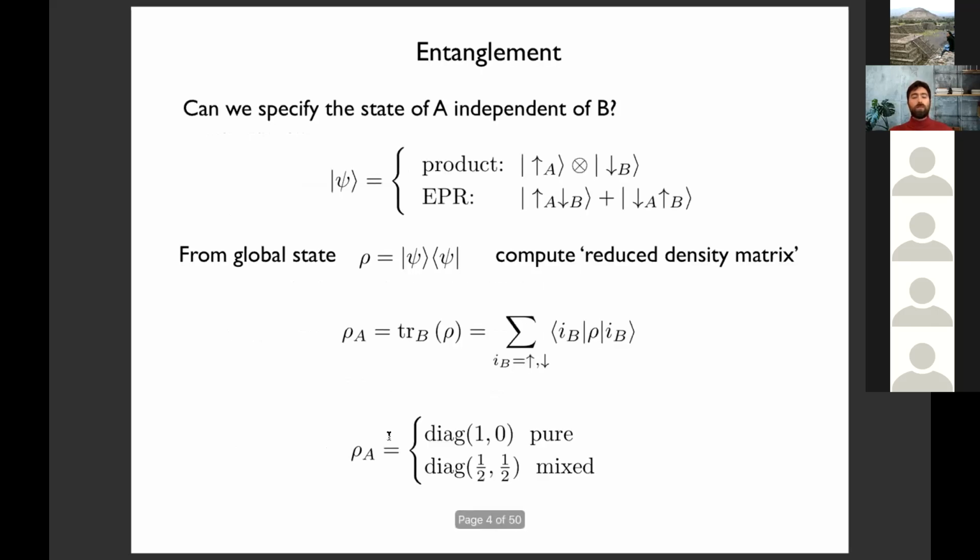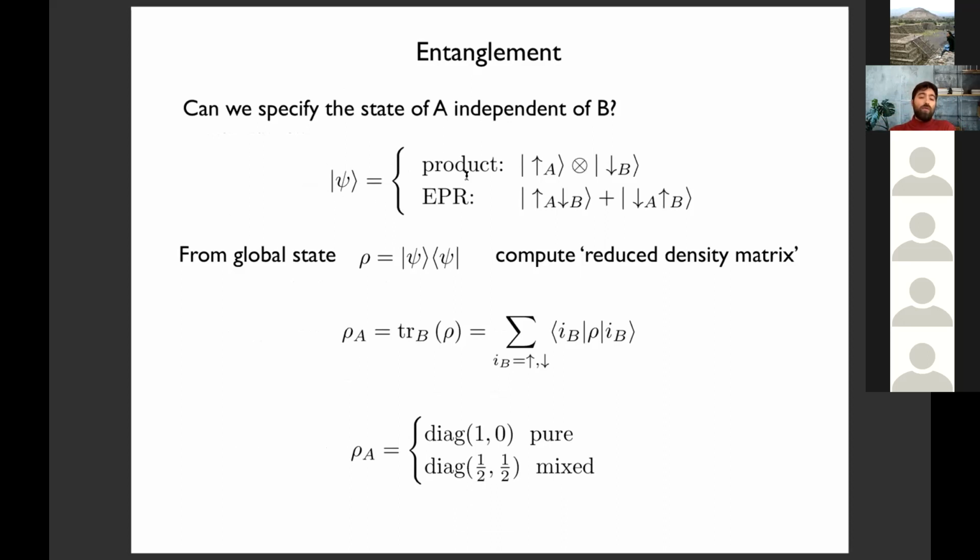Okay, so let's start reviewing some very basic notions of entanglement. Entanglement is essentially the question of whether, if we have a quantum system that has subsystems, we can specify the state of the subsystem, say A, independent of that of the system B. So let's consider for now pure states.